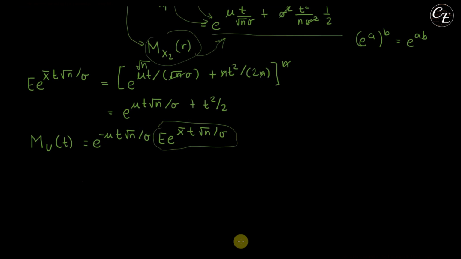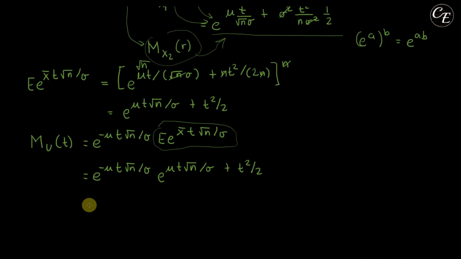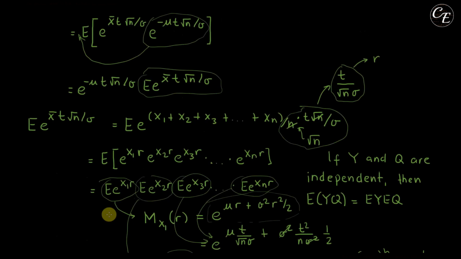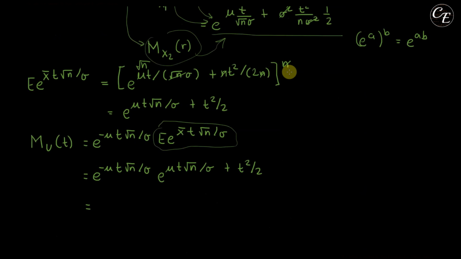So we have, and then applying this below from here to this form in here, it will become e raised to, we need to add this, and this term in here is the same as this term in here, and this is negative and this is plus, so they will just cancel each other, and then we're left with t squared over 2. So we have here t squared over 2.